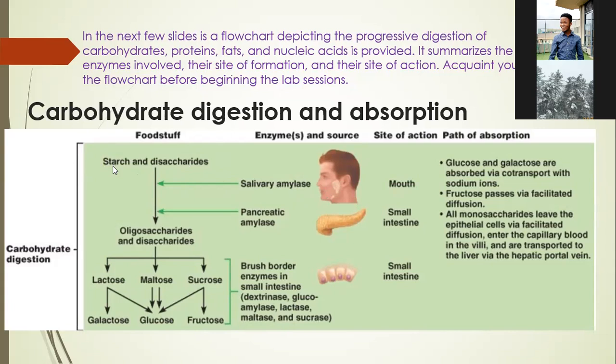So you'll be given some of the materials that are used to test for starch, and you'll be given what is required to test for simple sugars, and you look at the end result. So after your experiment, which tube is showing the presence of digestion? So that will be your first experiment.